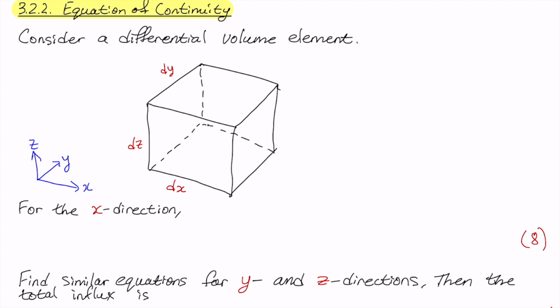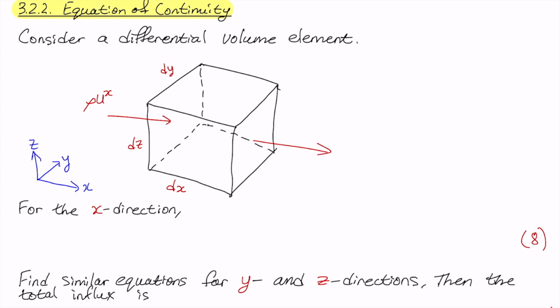And then we're going to consider the rate of mass flow into the element over here, and then the rate of mass flow on the other side as well. In this case, we'll have rho times u superscript x, representing the fluid particle velocity in the x direction.